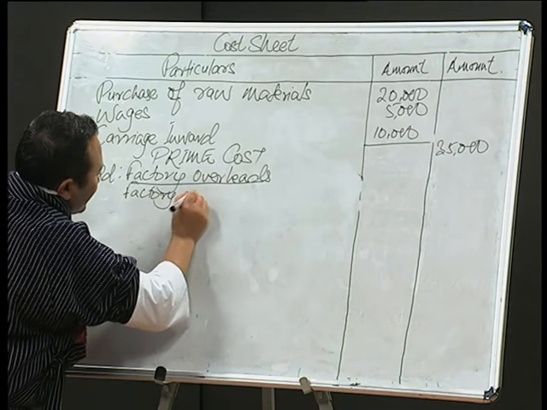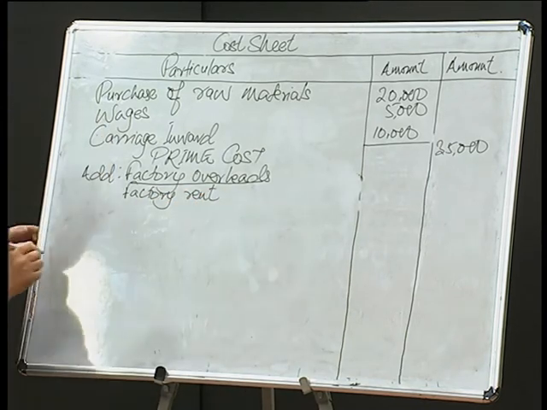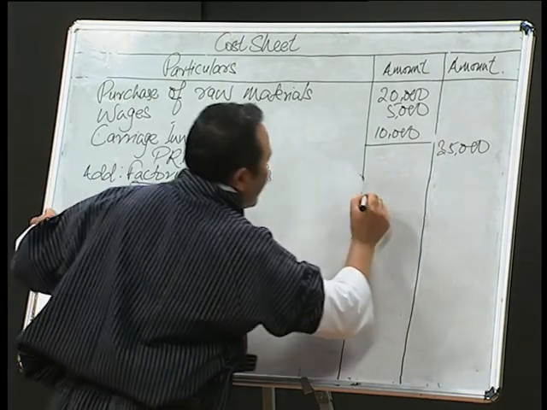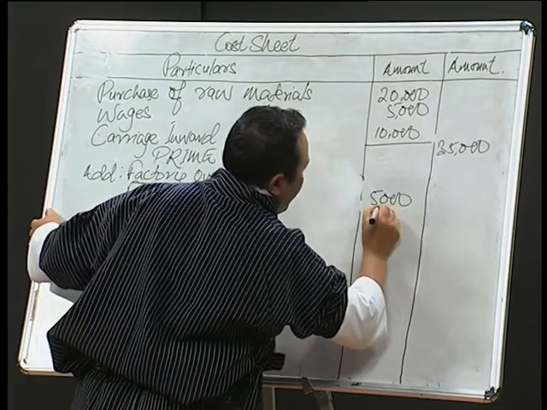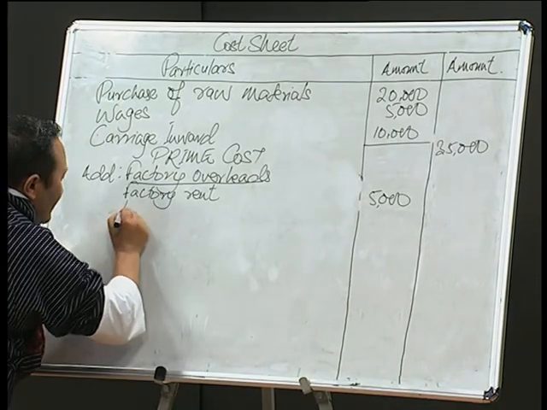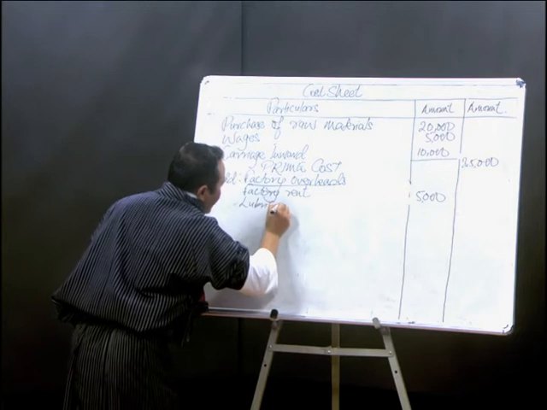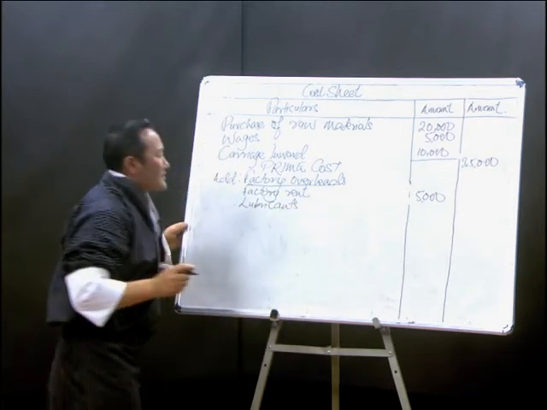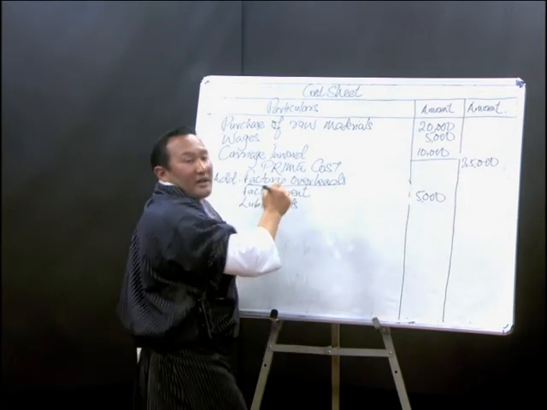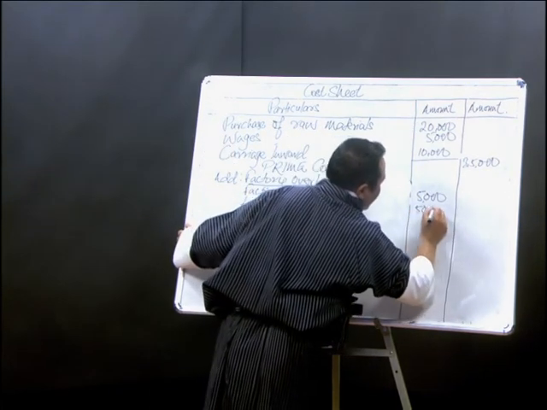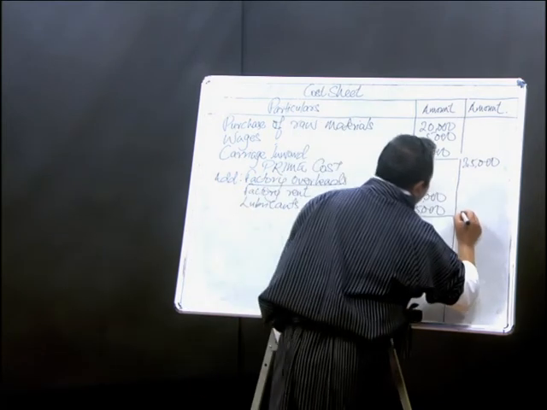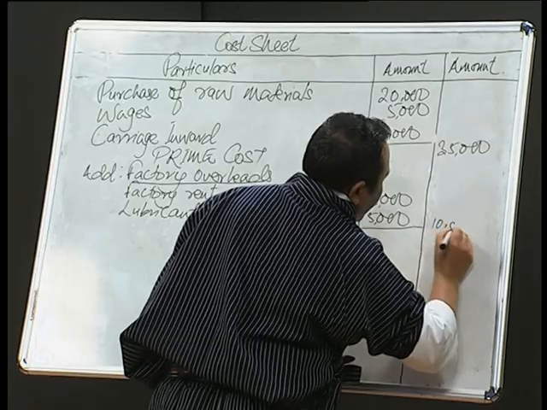Factory rent is 5,000, followed by lubricants, again 5,000. We have only two items, so let us transfer to the outer column. Altogether we have 10,000.